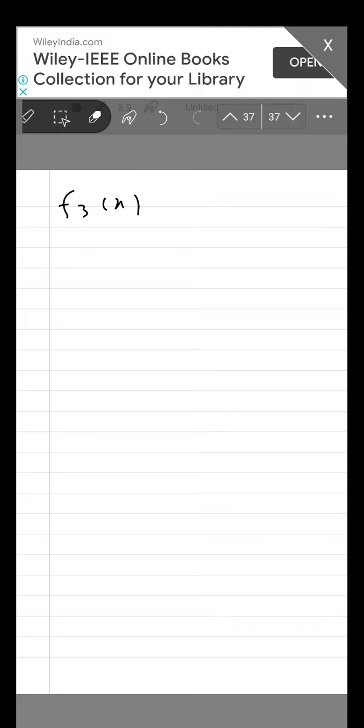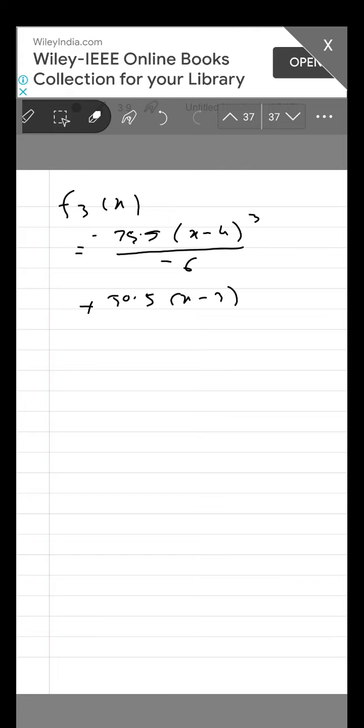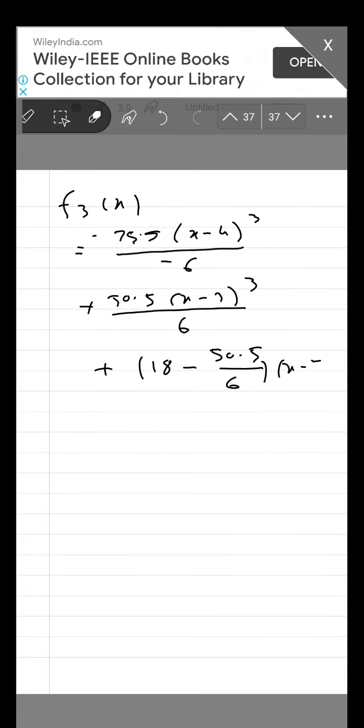It is equal to minus 75.9 into x minus 4 whole cube divided by minus 6, plus 50.5 into x minus 3 whole cube divided by 6, plus 18 minus 50.5 divided by 6 into x minus 5.